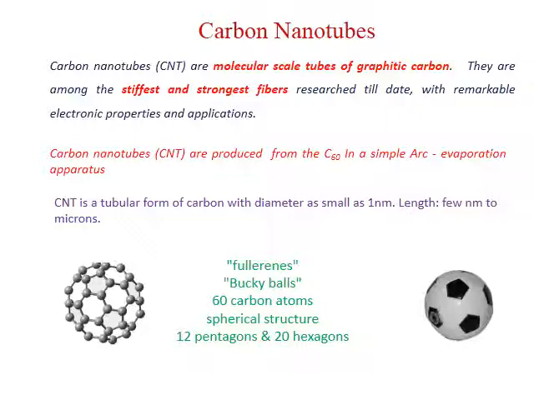We can produce these carbon nanotubes from two fundamental materials. One is pure graphite, and the other is another allotrope of carbon, C60, which is called the buckyball, having hexagon and pentagonal atomic arrangements.